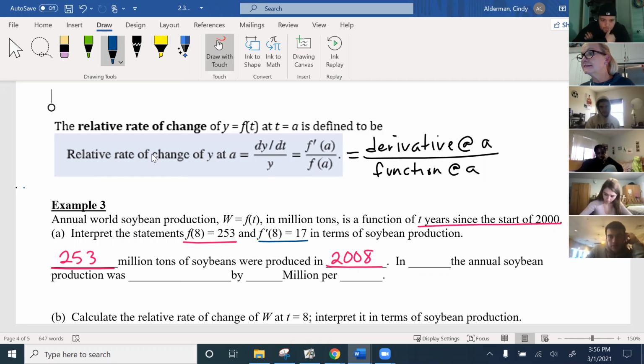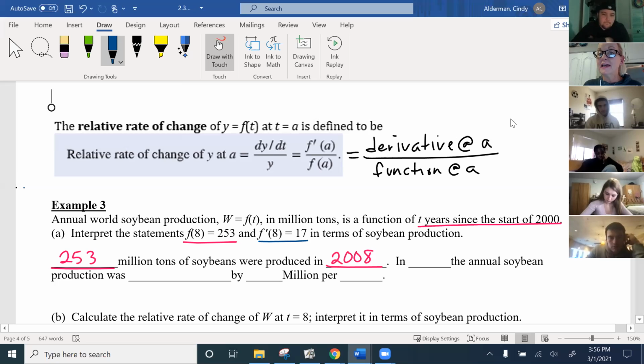Yes, thank you for saying that, Tom. You're absolutely right. Because by definition, we've got the derivative at a divided by the function at a, so the year's not going to change. We're evaluating the derivative as well as the original function at that same value of a. This time it is 2008.